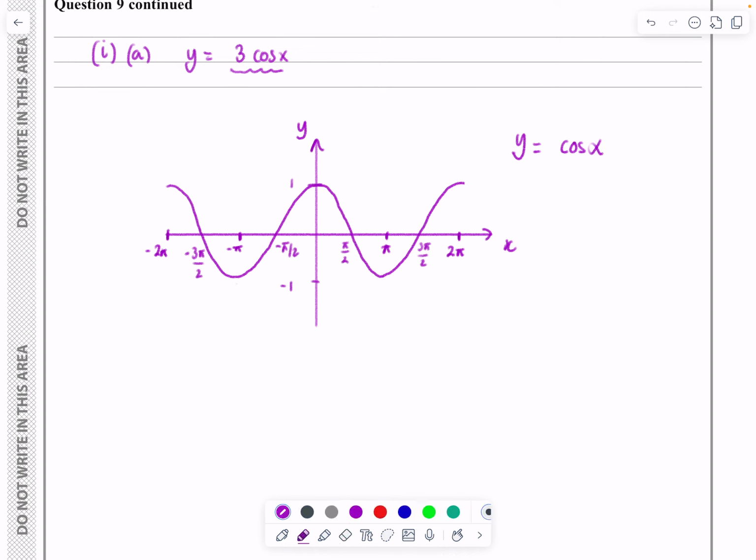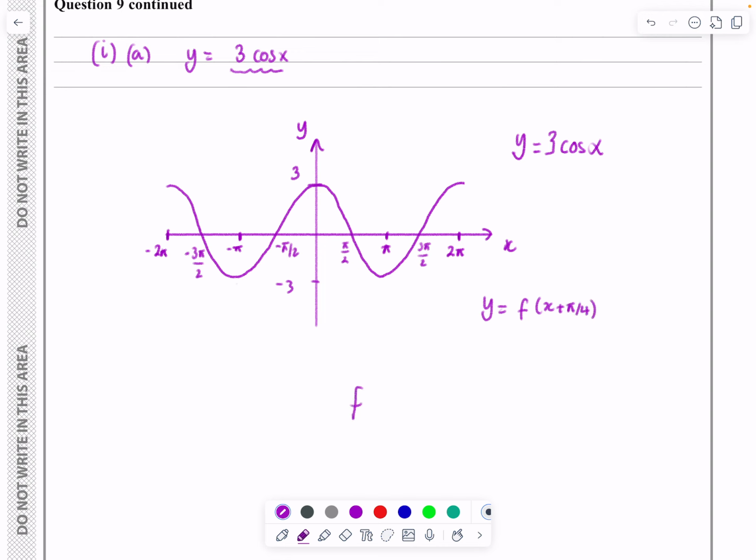So if I want to make this 3 cos x, I just need to change those values to 3 and minus 3. Now I've got my y equals 3 cos x, and they're saying if that's y equals f(x), what does y equals f of x plus pi over 4 do?